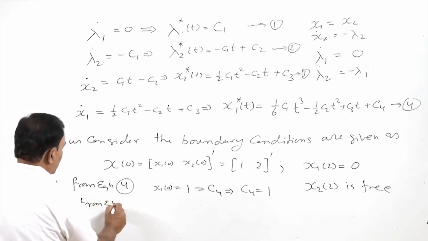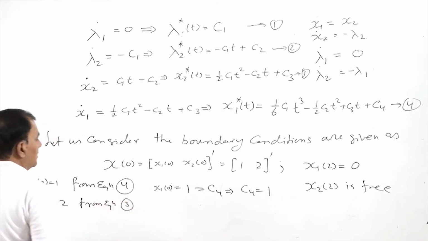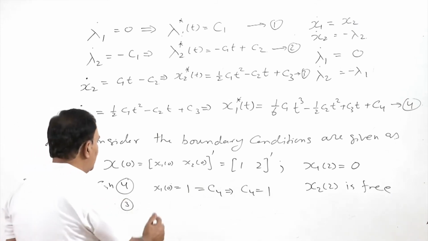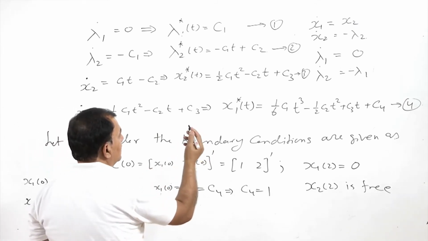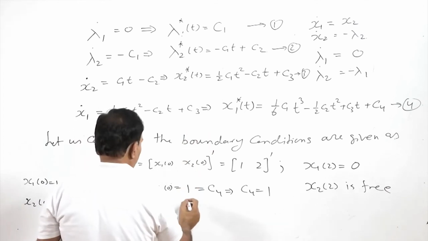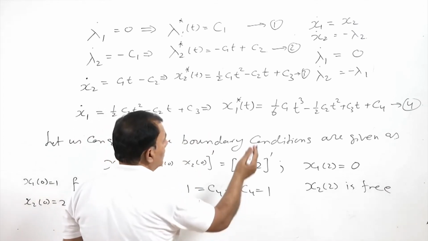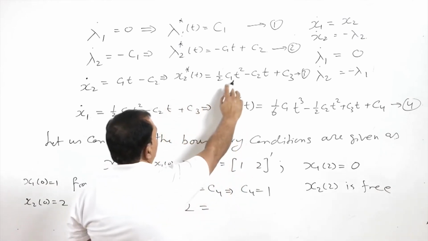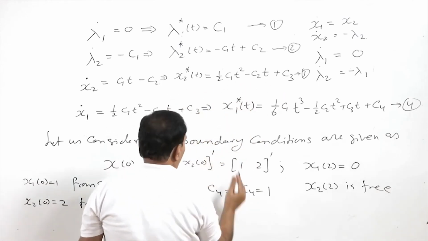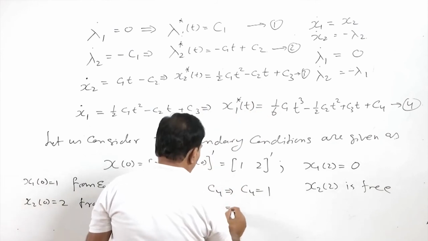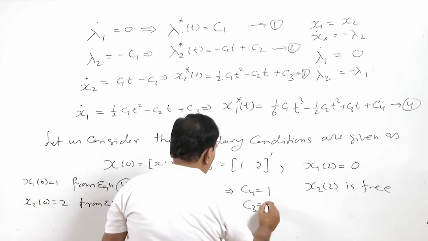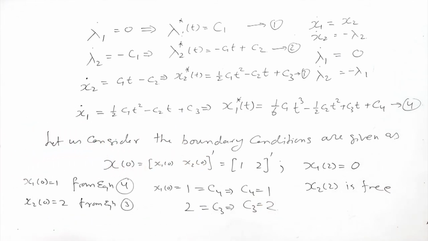From equation 3 we have, because x2(0) is 2, in this case t is 0. So, this all will be 0, we are left with C3. So, C3 equal to 2. So, we have evaluated the two constants C3 and C4.